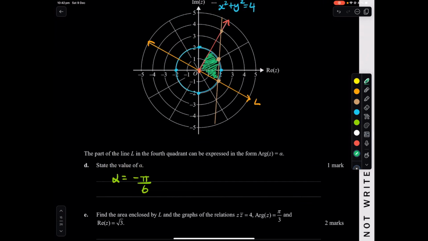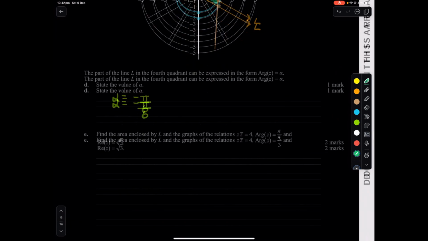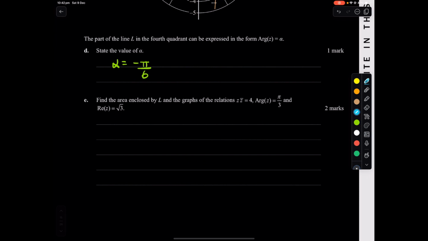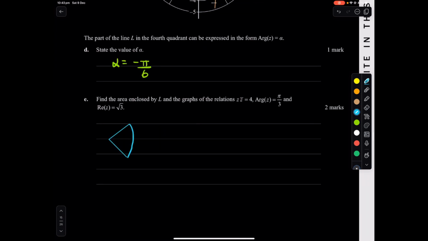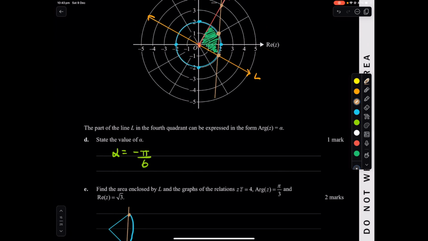So let's actually draw that area. Let's just draw it over here. How does it look? It looks like a sector, like this. And there's a line that passes through it, from here to here.